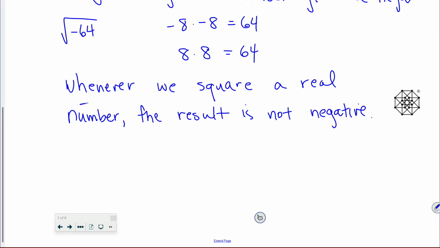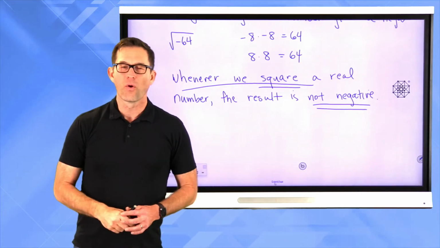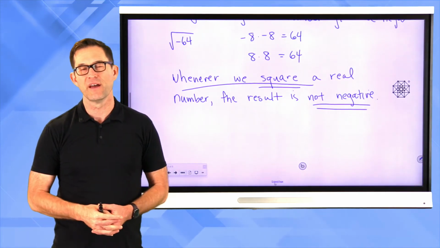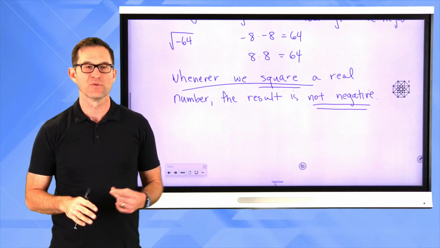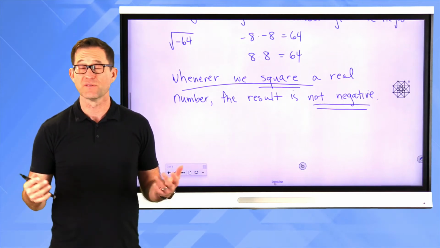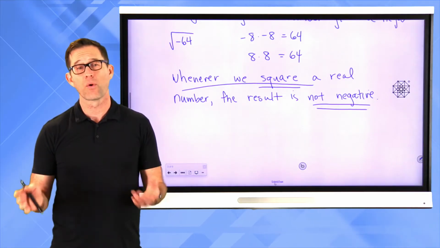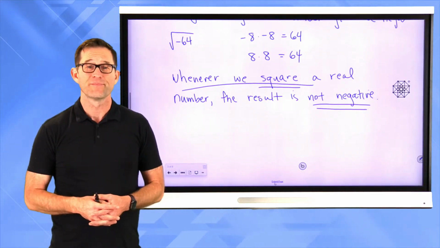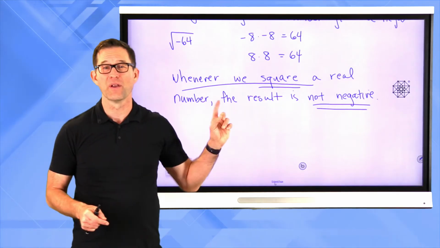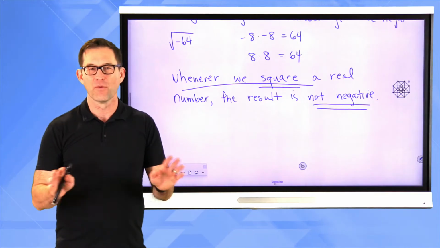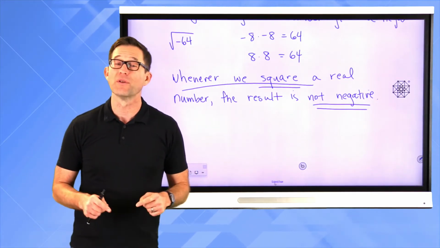So whenever we square a real number, the result is not negative. I think we've talked about this before. I would love to be able to say whenever we square a real number, the result is always positive, and then somebody would get on my case because of the number 0. 0 times 0, which is very legitimate, is equal to 0. And 0 is neither considered a positive number or a negative number. So, you know, I could say whenever we square a real number, the result is positive, parentheses, except for 0. But I don't even want to go there. So whenever we square a real number, the result is not negative.